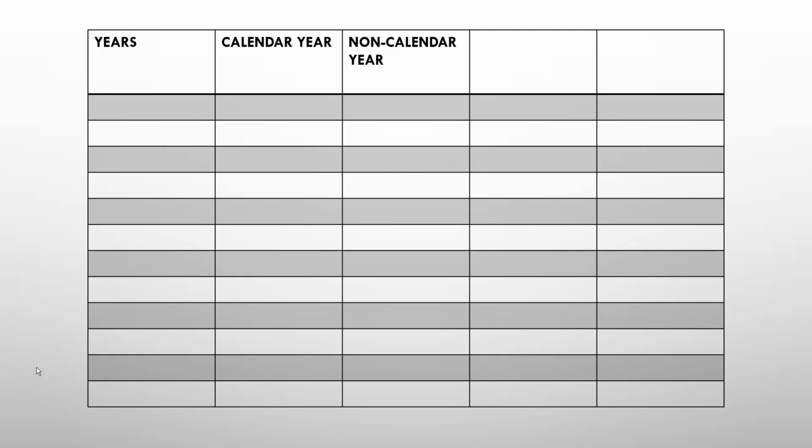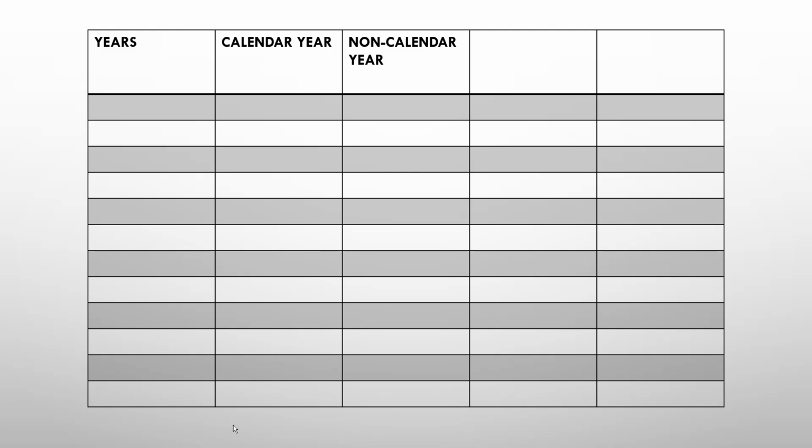The year shift comes into the concept when we follow a non-calendar fiscal year, and the year shift can only be -1 or +1. I explained the -1 concept with the example of April to March. But today, we will take a different example and cover both -1 and +1, right?